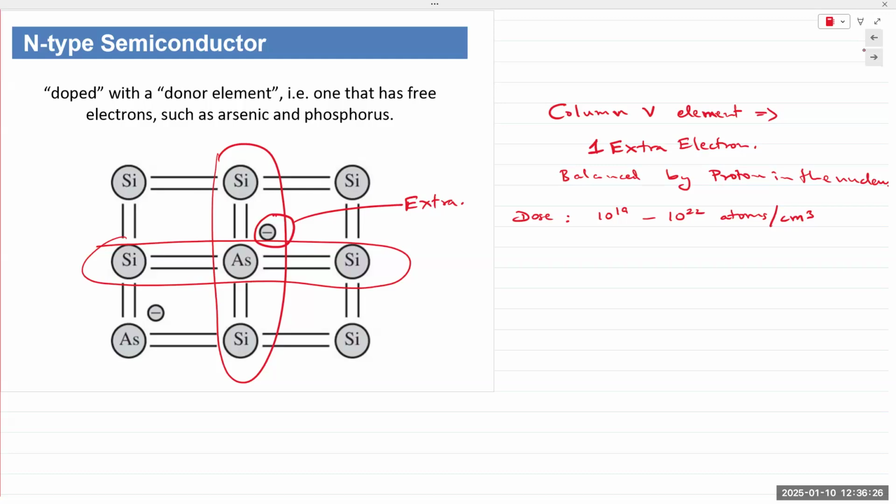And because it has free electrons to move around, we call it an N-type semiconductor. N for negative.